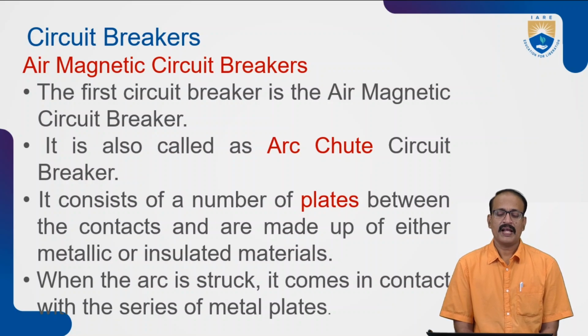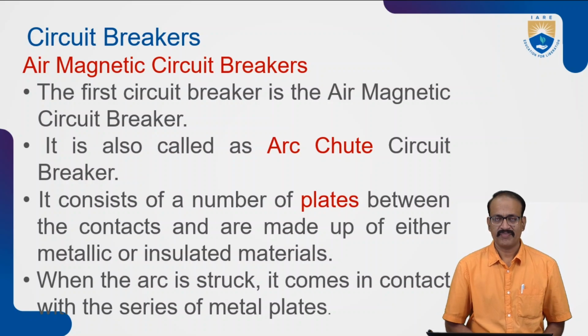There will be some plates made of metal or insulating material. Whenever the contacts separate, these plates enter and split the arc into different parts. That is the basic technique.